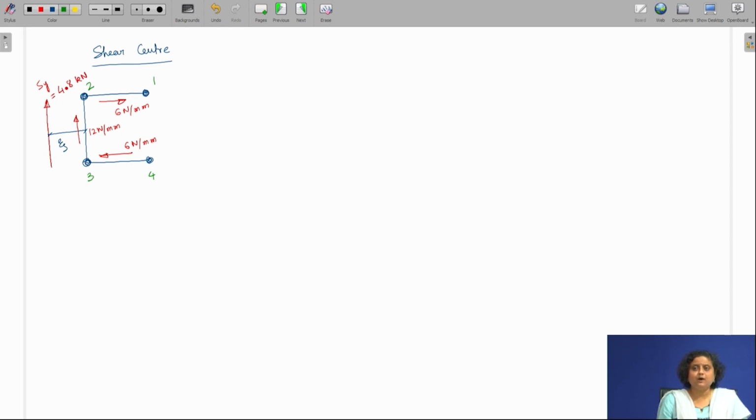So we have to wisely choose a point so that our calculation remains as simple as possible. For this problem we will choose point 2, because if we choose point 2, the only shear flow that is going to produce a non-zero moment about 2 is that of Q34. Therefore our calculation would be much easier.